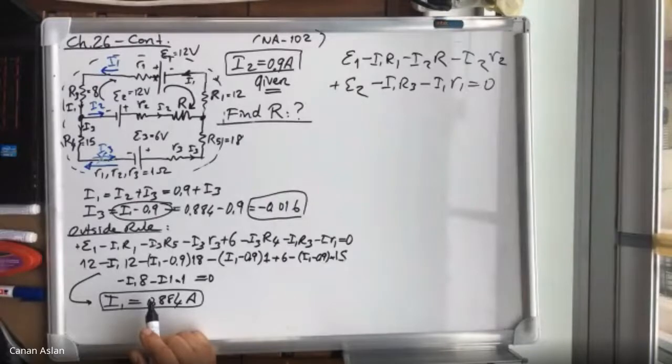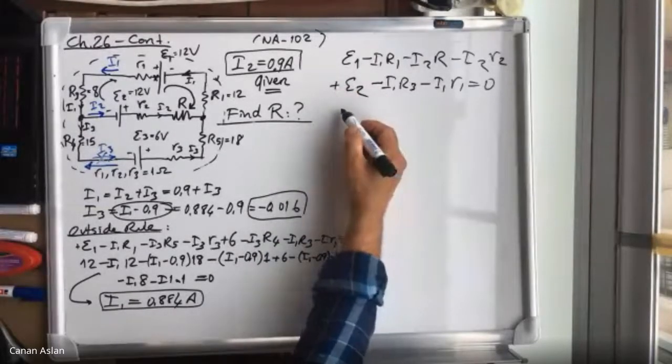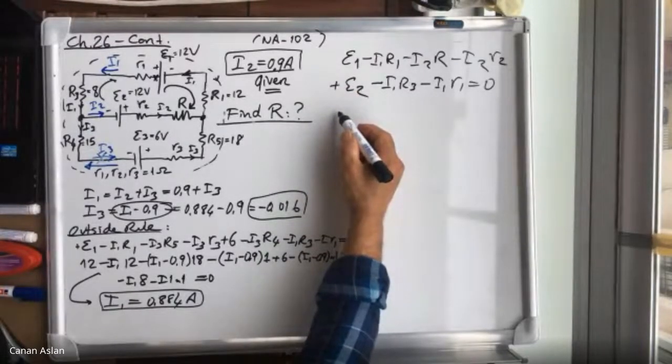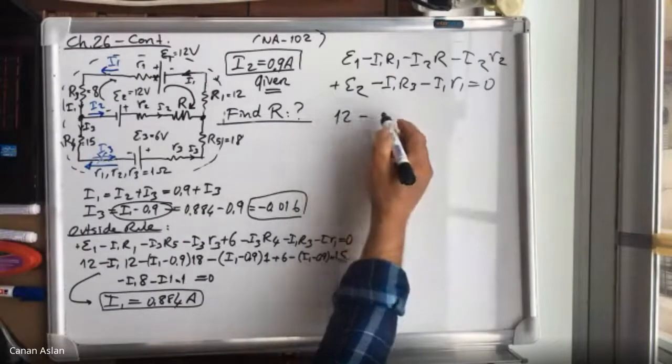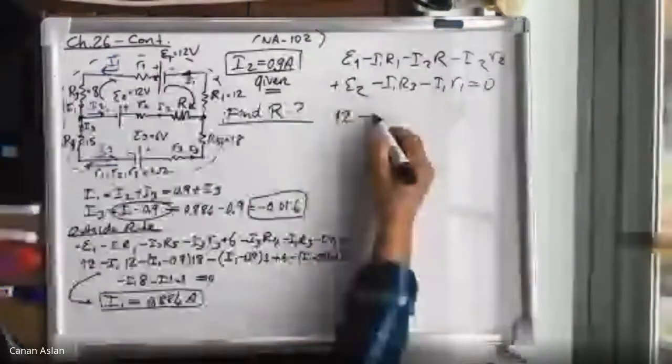So if we just combine these, what you get is that epsilon 1 is just 12, minus I1 and R1 are known, right?